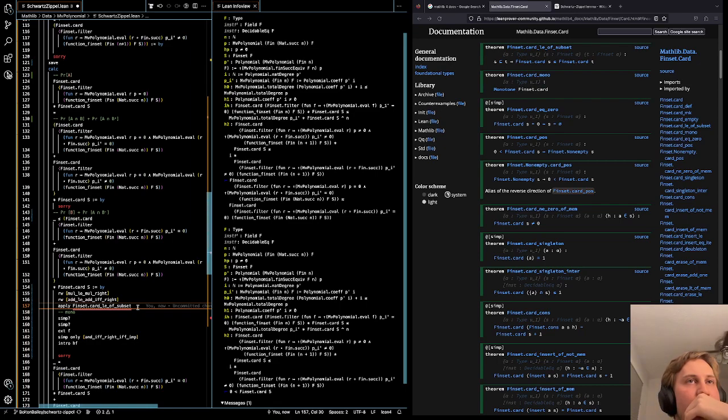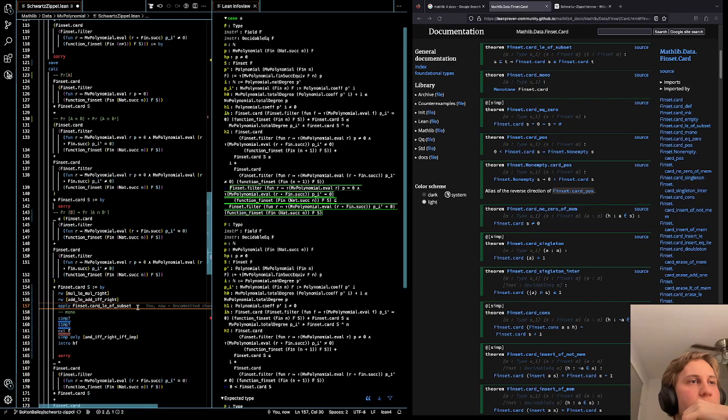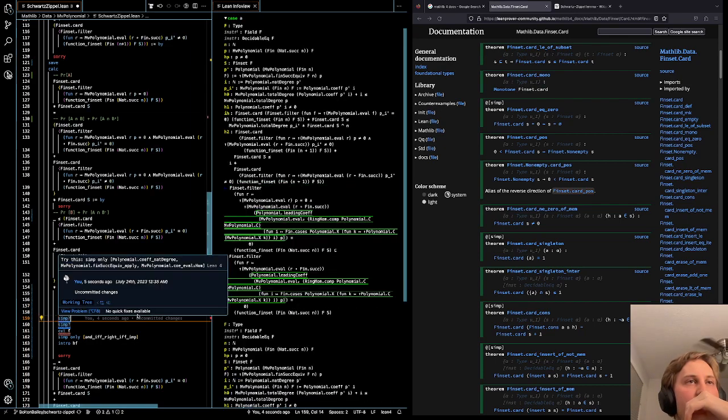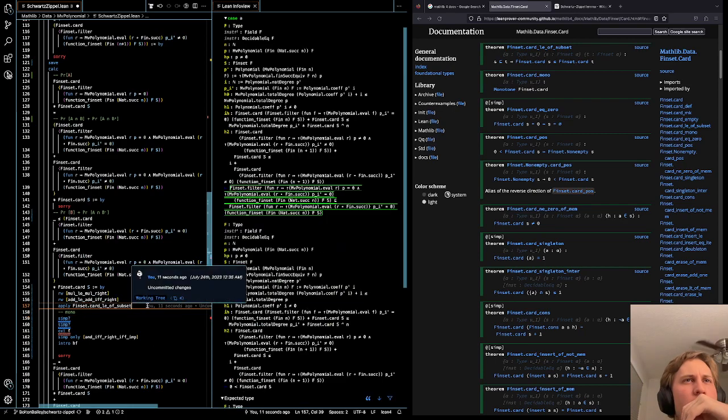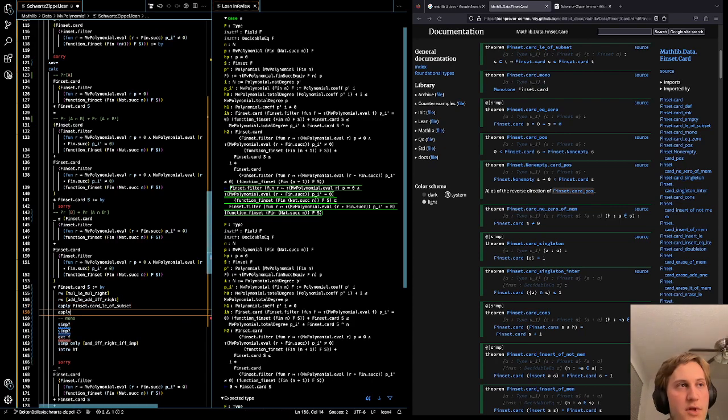Okay, yeah, so I have two cards. Does this simplify things? No, it seems to make them more complicated. I don't know why, but okay, the next step is these are two filters of the same set. And the point is that one is a more restrictive filter. So apply inset dot filter.